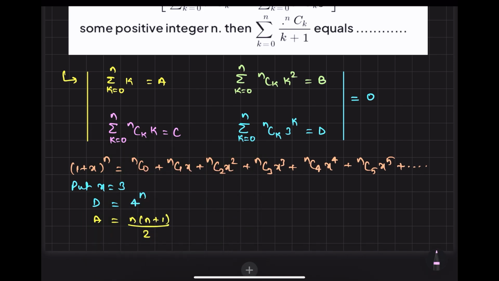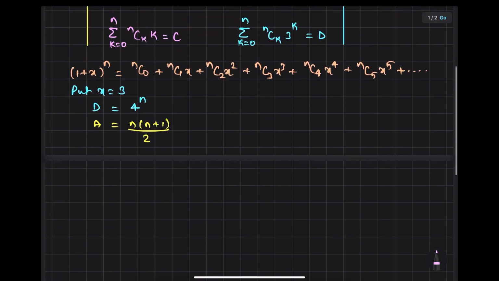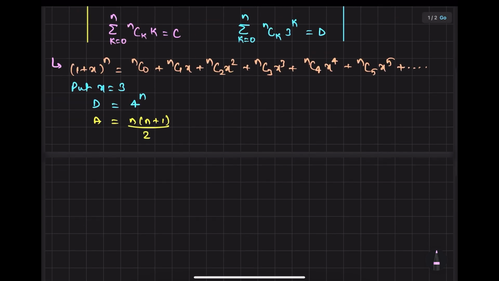You will observe that the number k is written in the numerator. This means you have to go with differentiation. Correct? So let's differentiate this function.